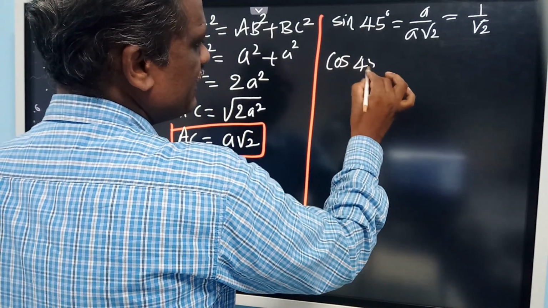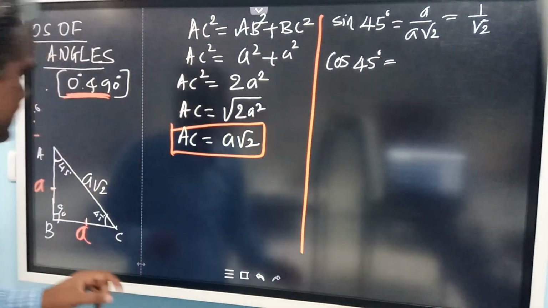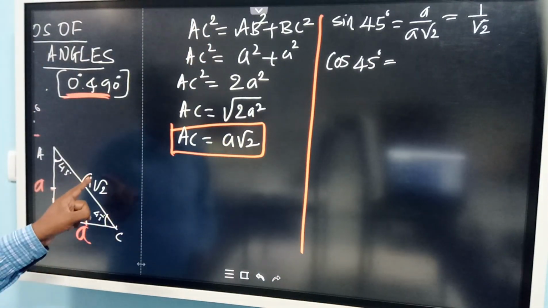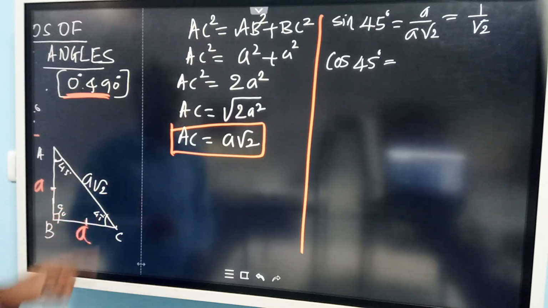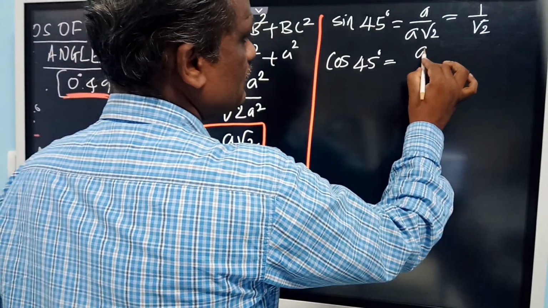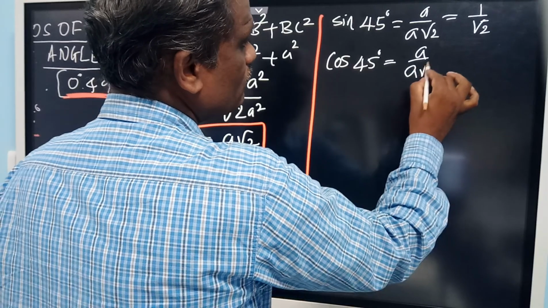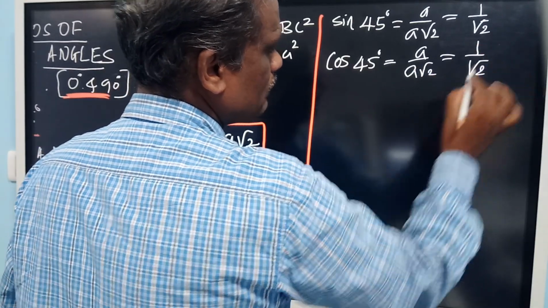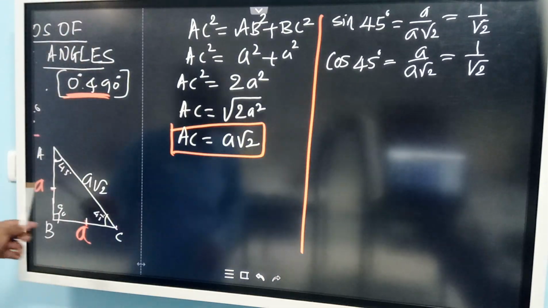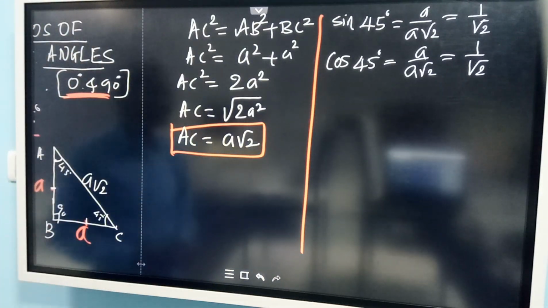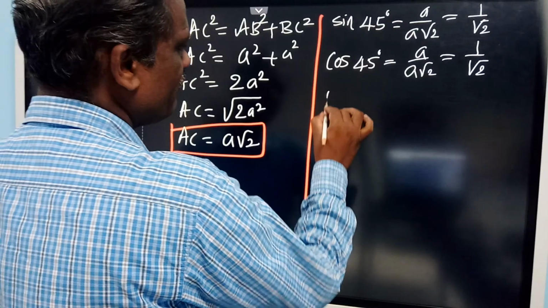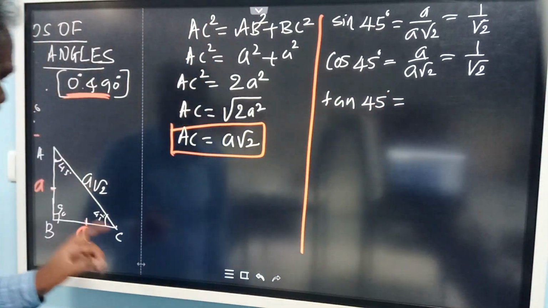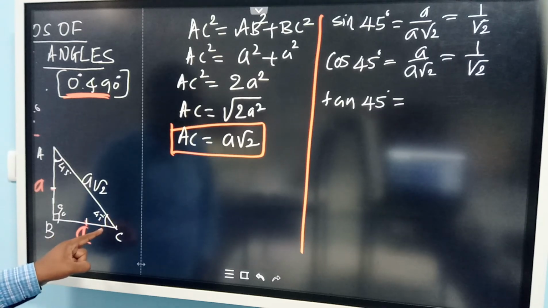Cos 45 is equal to adjacent side with reference to angle C, again A, by hypotenuse A root 2. Again A cancels, you will get 1 by root 2. So sine 45 is 1 by root 2, and cos 45 is also 1 by root 2. Let us see tan 45. Tan 45 is opposite side by adjacent side with reference to this angle C.